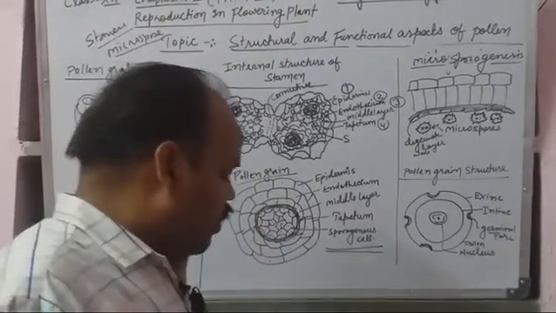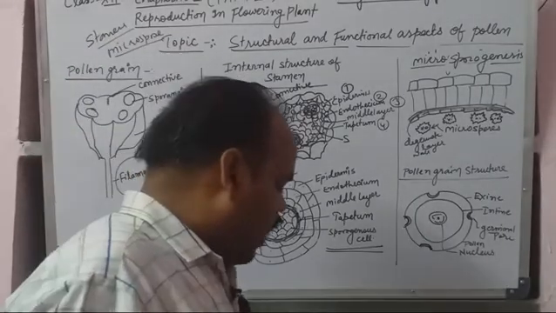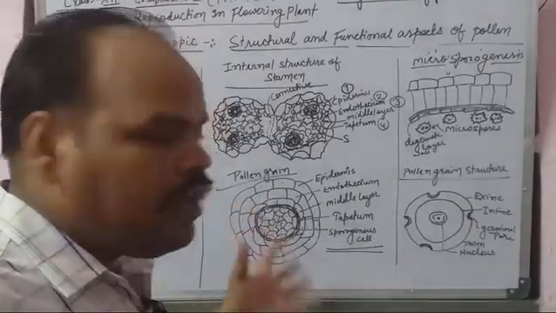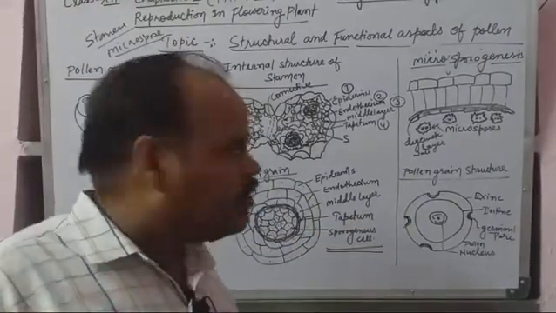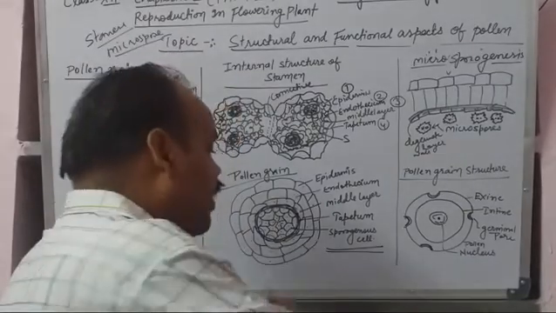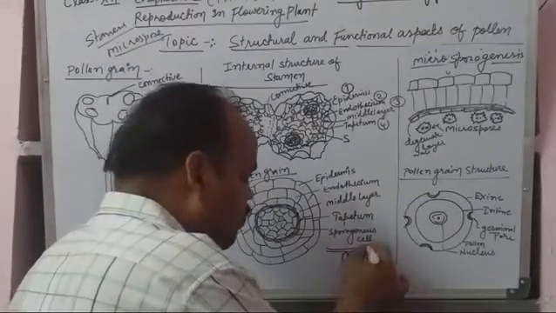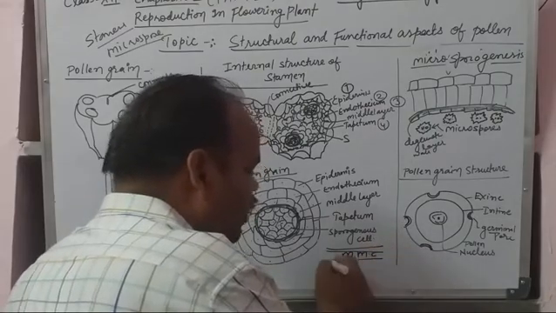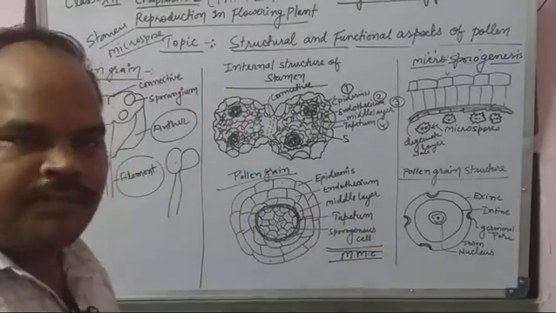Now the sporogenous cells contain the microspore mother cells, whose short name is MMC.